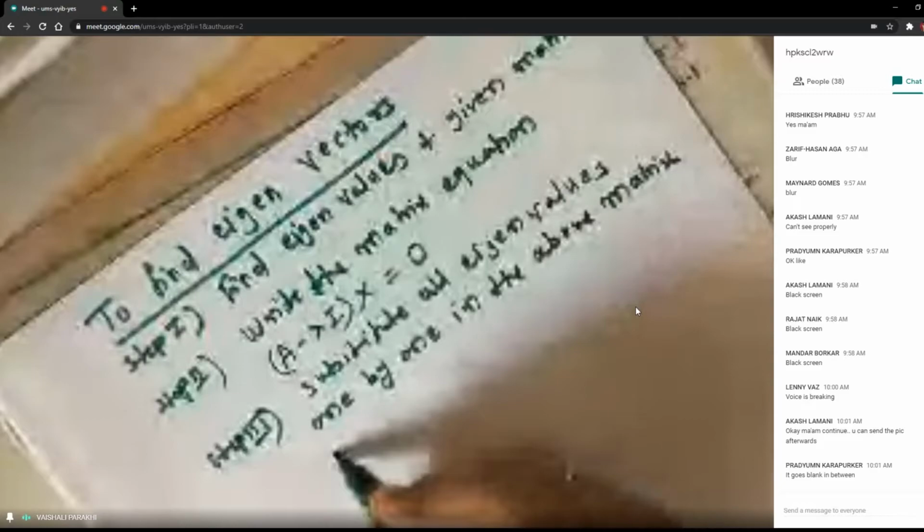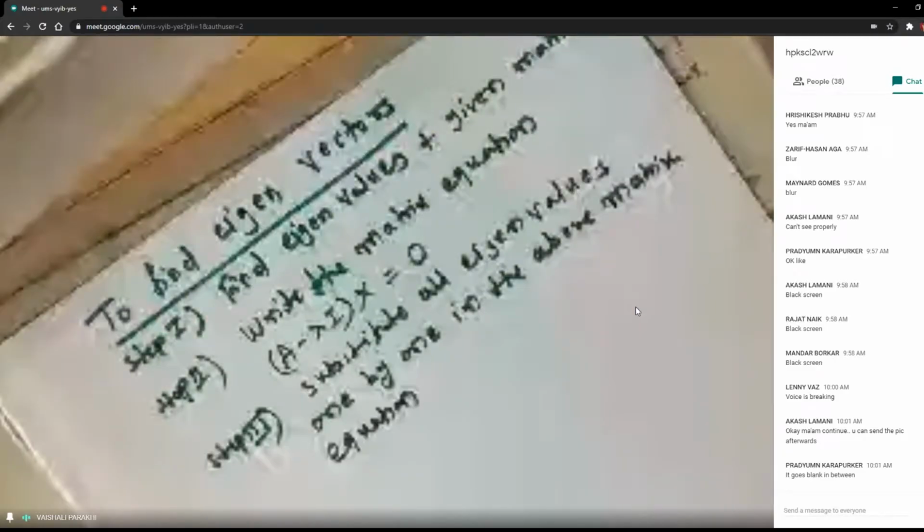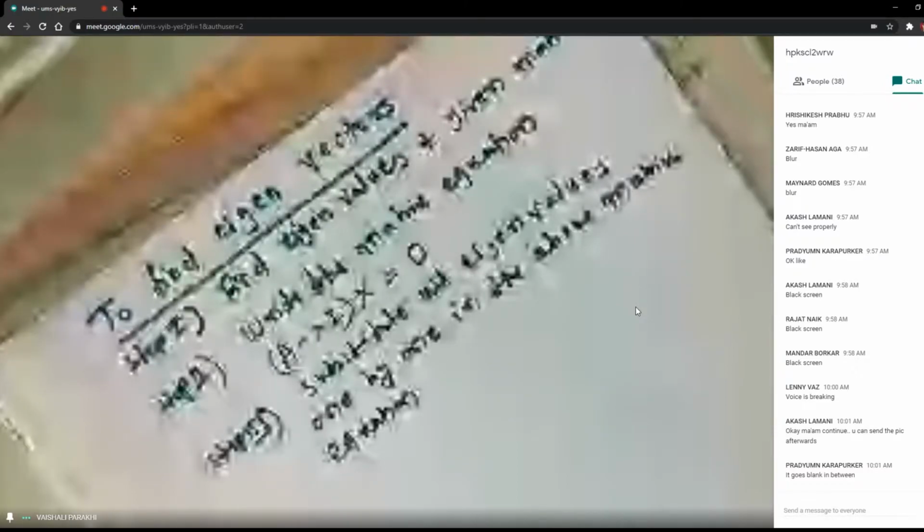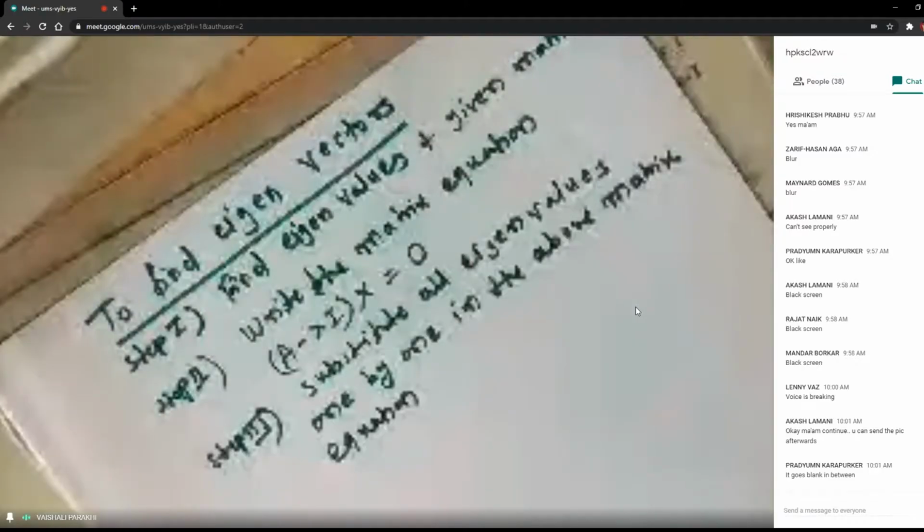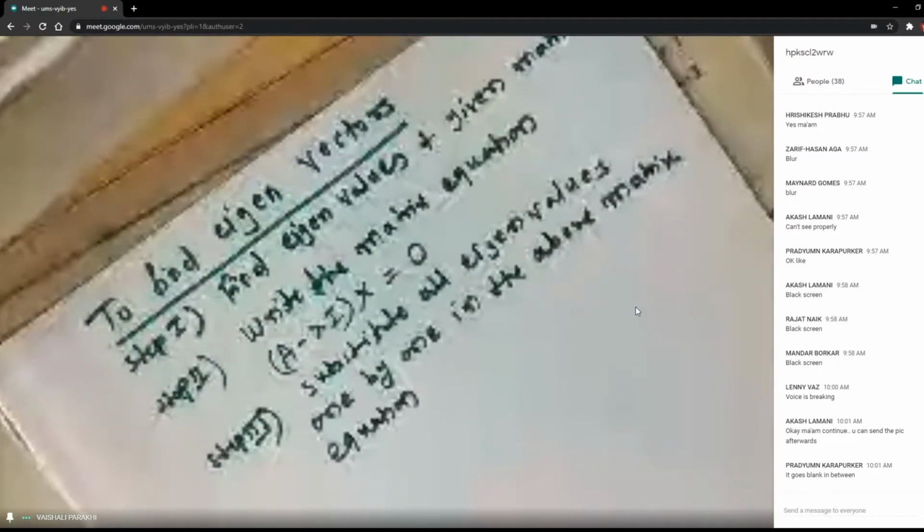See, students, what I'm saying? Substitute all eigenvalues one by one in the equation.